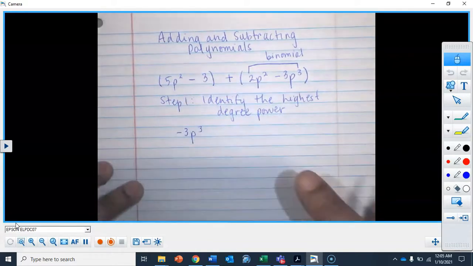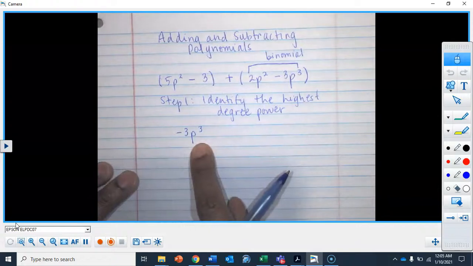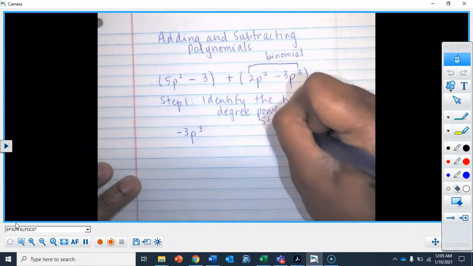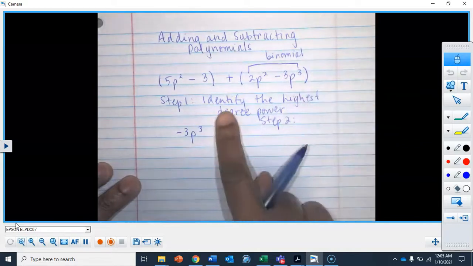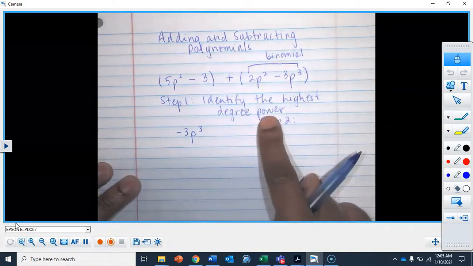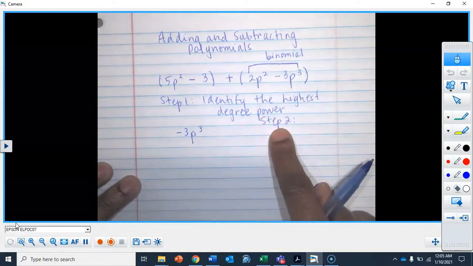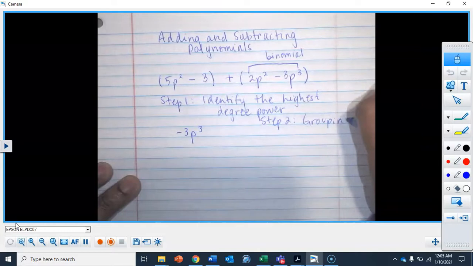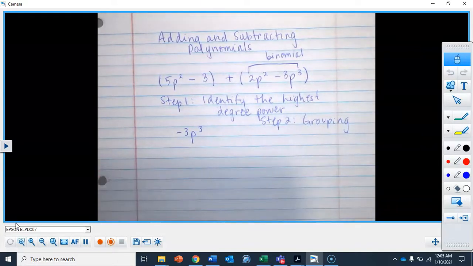All right. Now, what I should have put before starting the problem is step 2, so let me go ahead and write that right here. Once you identify the highest degree power, the next thing you need to do is grouping. When I say grouping, I'm saying that you want to combine like terms.